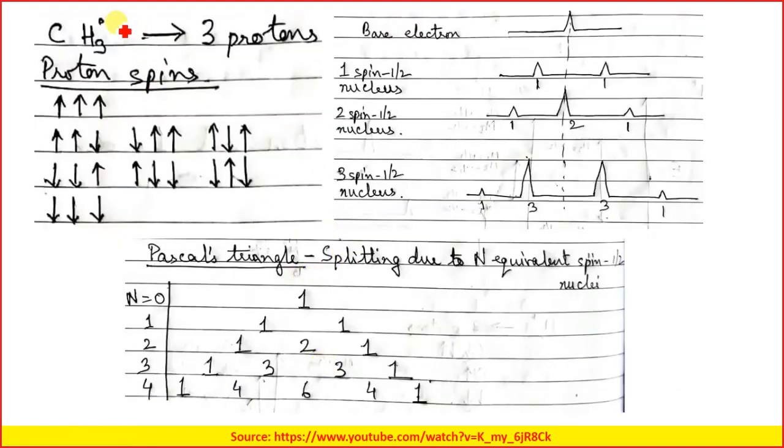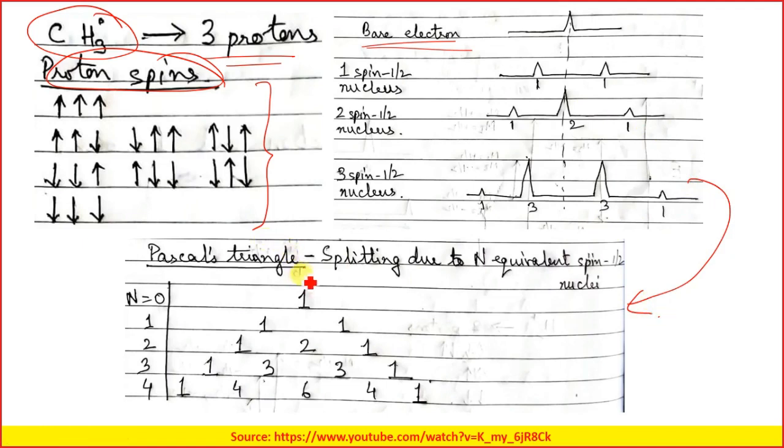Then from there we had talked about CH3 radical, which has three protons, and we have discussed how the proton spins can affect the bare electron peaks, and from there we have generalized this Pascal triangle. And we have seen how to calculate these values. If there are no protons, we will get one peak.